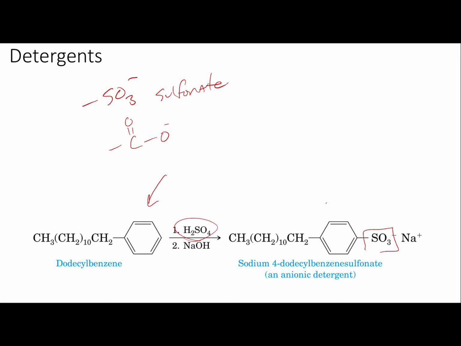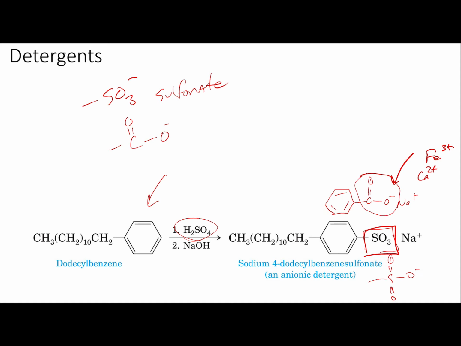So instead of it being a fatty acid that contains this, which likes to react with things like calcium 2 plus and iron 3 plus and all that stuff, they react with this part of the molecule to form soap scum. Instead, they have this to deal with. This looks something like this.